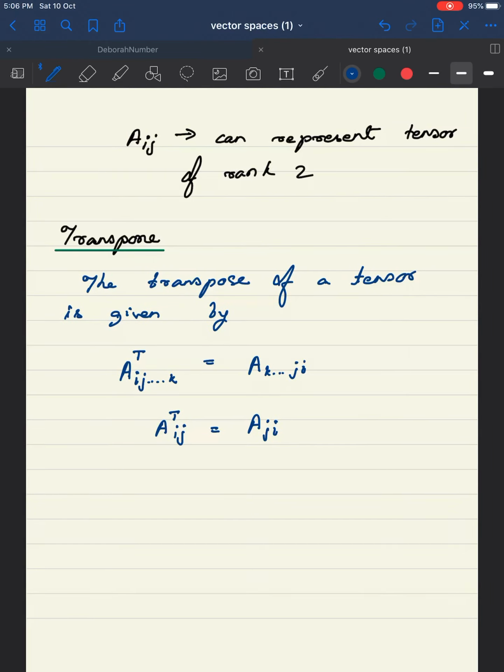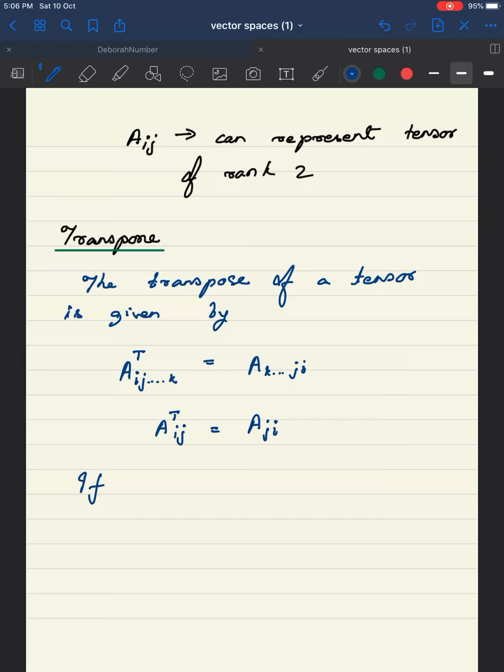Related to this idea, there are two more ideas which are called the symmetric and the antisymmetric tensors.